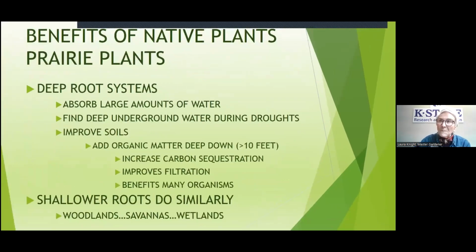Now, one of the major things that comes up whenever we talk about native plants is the root systems. And that is tremendously important. It helps us because they absorb a lot of water. They go underground rather deeply, our native plants' roots do, and they find water during droughts.